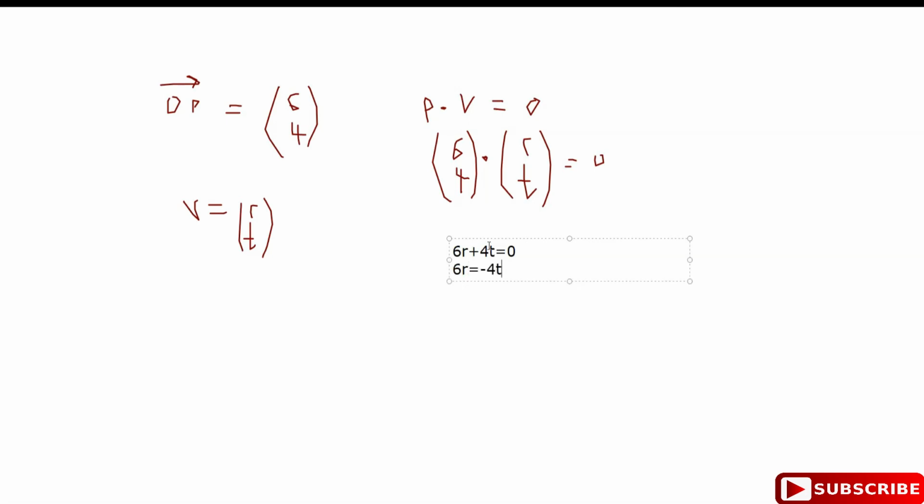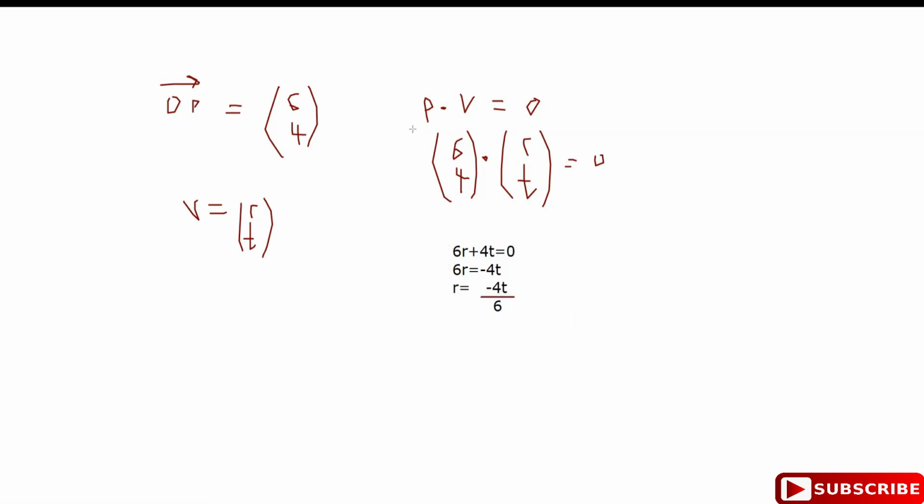If you divide through by 6, we get R is equal to minus 4T over 6. So for any value we choose for T, R is minus 4 over 6 times it.